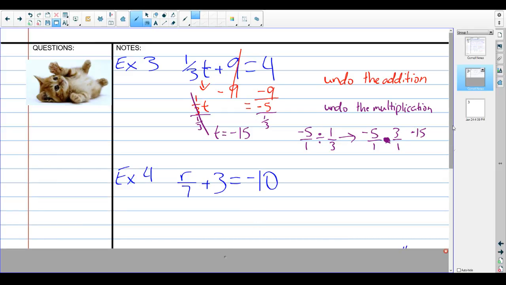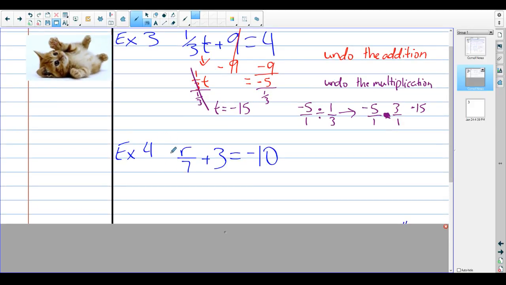Alright, example 4. It was not so bad. R divided by 7 plus 3 equals -10. So first step, undo the adding and subtracting. In this case, it's adding. So undo the addition. This is going to be -3 to both sides.